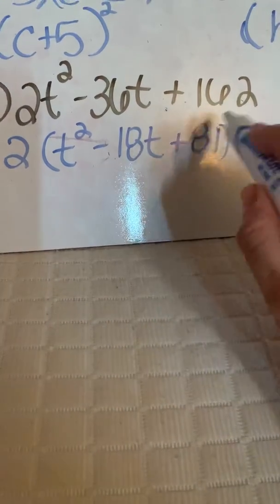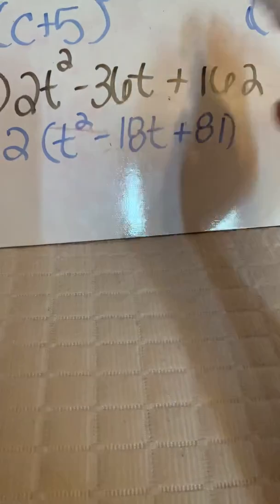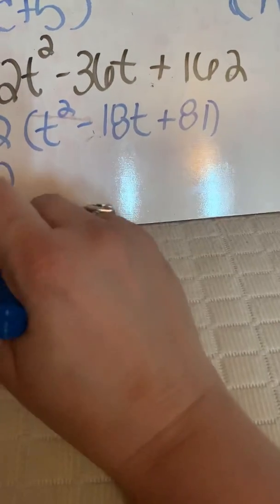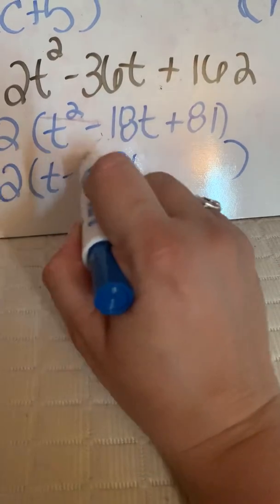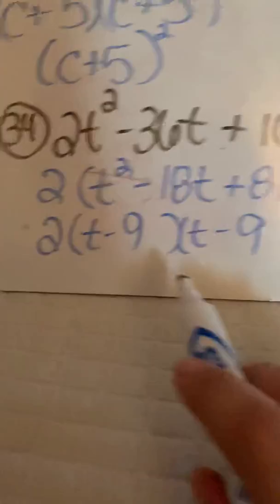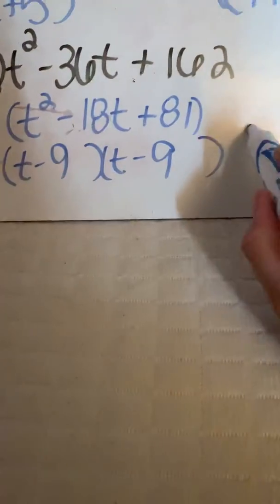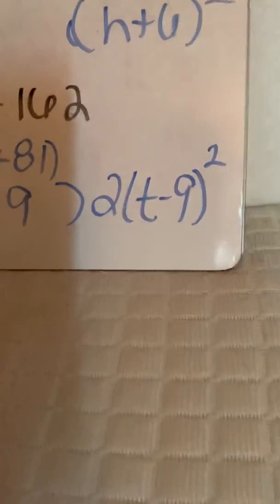I know that 9 and 9 is 81. I know that negative 9 and negative 9 is negative 18. So minus, minus, remember the rules? Then I would write this as 2 times t minus 9 squared.